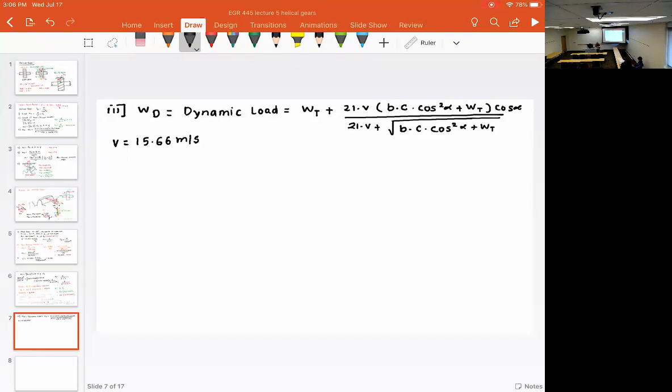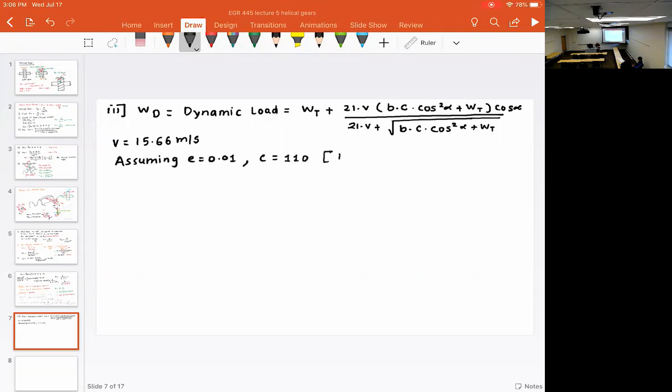I would use error action, assuming e equals 0.01, the value of C is equal to 110.